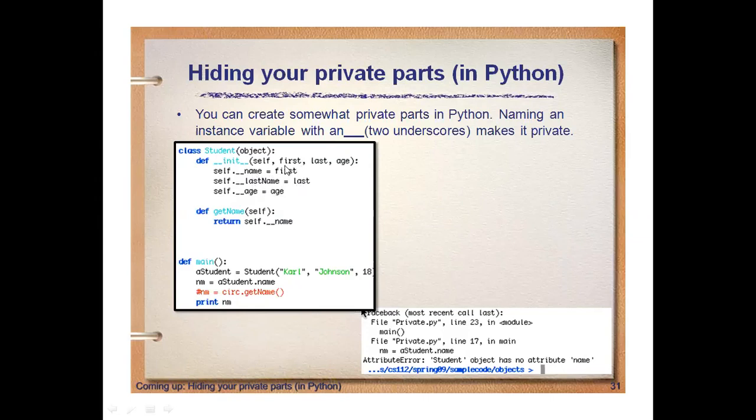Last name is equal to last. Age is equal to age. Now, I wish to have another method here, but is this method private? No, because I didn't put any double underscore here. This means this can be accessed outside this particular class also, right?